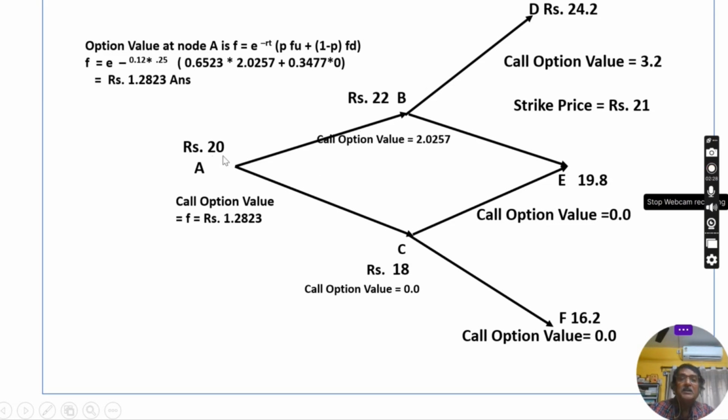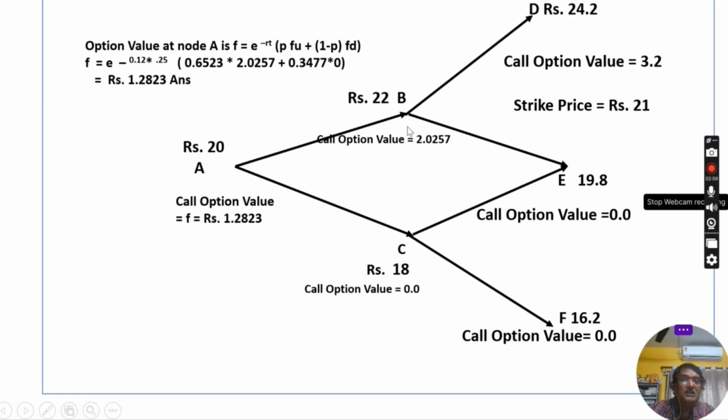If it is up by 10%, that means 20 plus 2, 22. At the end of this period, that means 3 months, the up price will be this and the down price will be this. That means if the price decreases by 10%, then the decreased price will be this. This is the first step. This is a two-step binomial option pricing model.